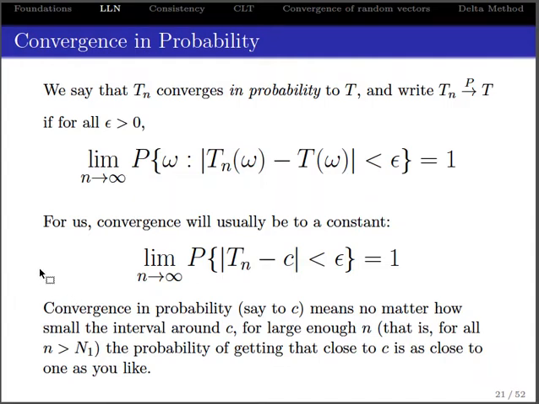The meaning of it is that no matter how small the interval is around c, if you take n large enough, that is for all n bigger than n1 or something, the probability of getting that close to c is very close to 1, as close to 1 as you like by taking n large enough. And in this class, we'll seldom use this definition directly.